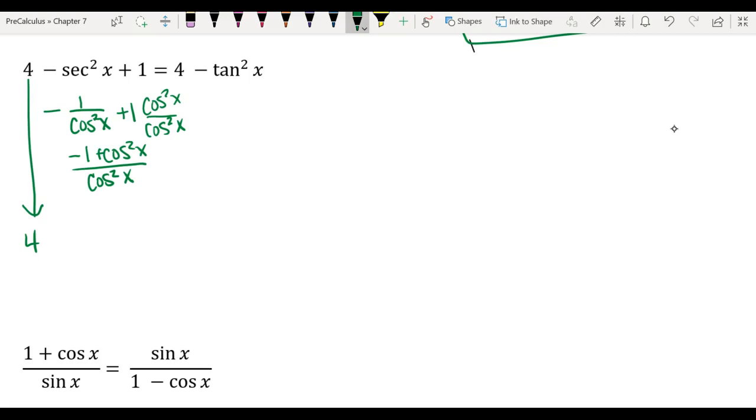It's a negative 1 and positive. Okay, and remember, if the sign changes on this side, it changes on this side as well. So negative sine squared of x is what that's equal to. So I have negative sine squared of x over cosine squared of x, which what would that be equal to? Tan. So then we have 4 minus, because this is negative, tan squared of x.